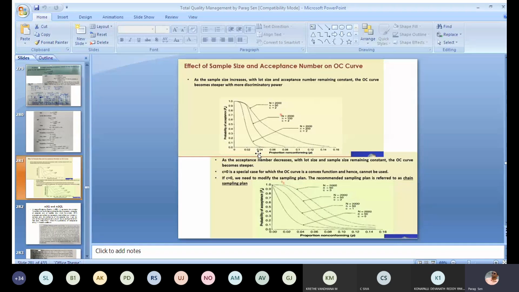For different combinations you will be plotting different OC curves.